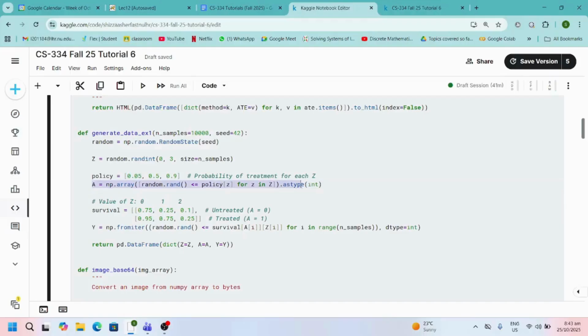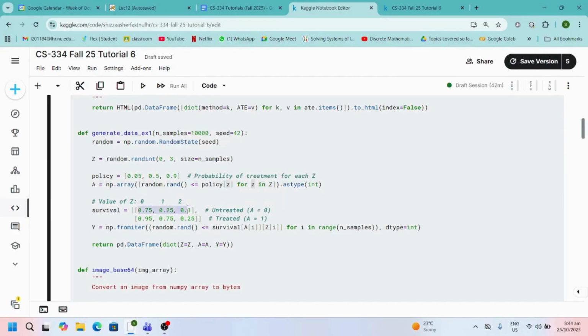And that is how I am generating the samples for A. I generate a random probability; this function returns a value between 0 and 1. And then I check for each Z in Z.